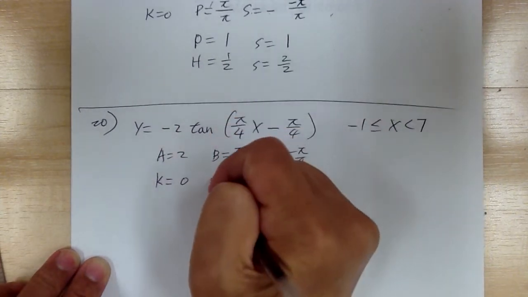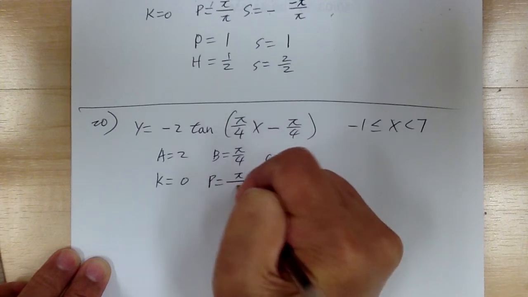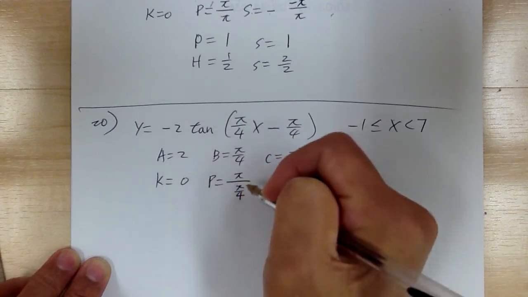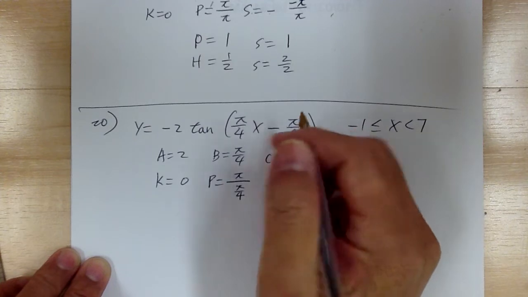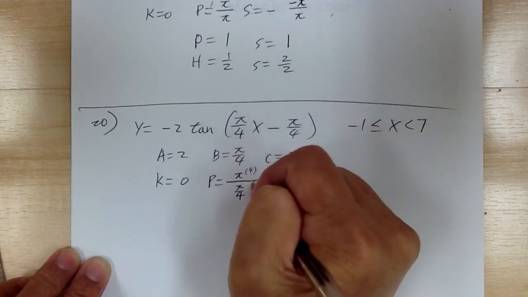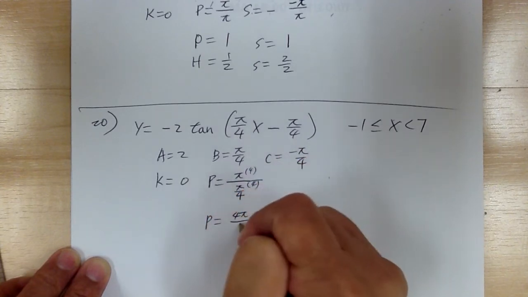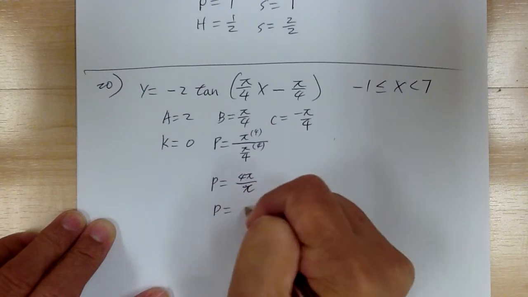Now tangent and cotangent, p is equal to pi over b. And again, to simplify the complex fraction, you multiply by the common denominator, multiply by 4. So p equal to 4 pi over pi, this cancels out. So p equal to 4.